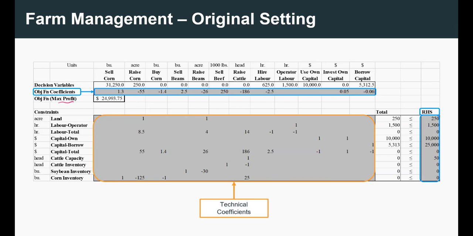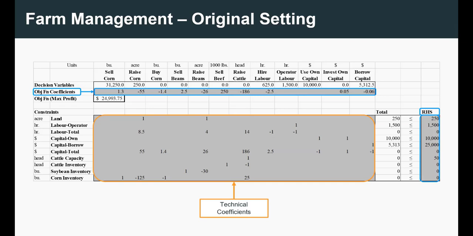If you look at this linear programming setting in the Excel spreadsheet, I highlighted what I mean by those three different types of parameters. All of those values here are the objective function coefficients.